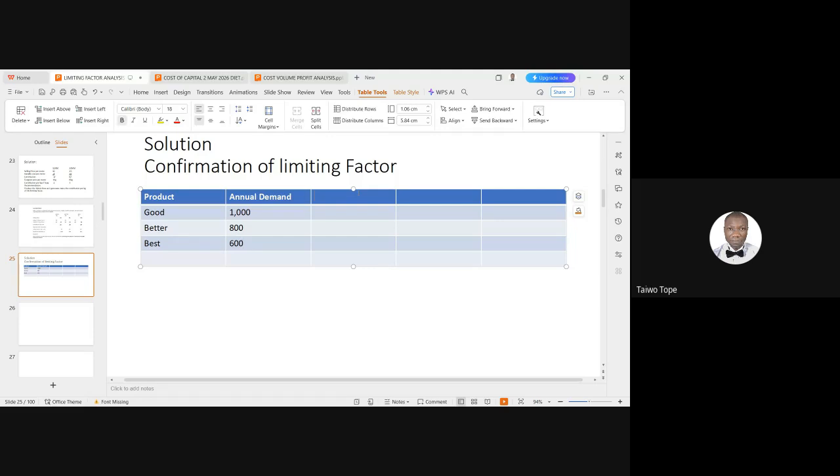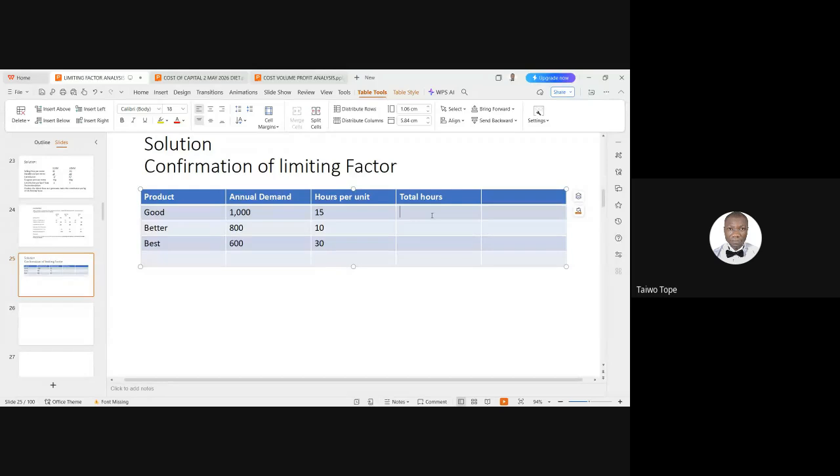Now, hours per unit to produce each of these products is what? 15 hours for good, 10 hours for better, and 30 hours for best. Now, the total hours will be what?